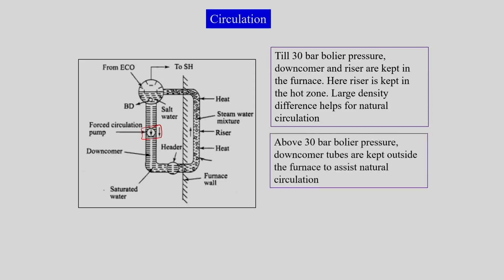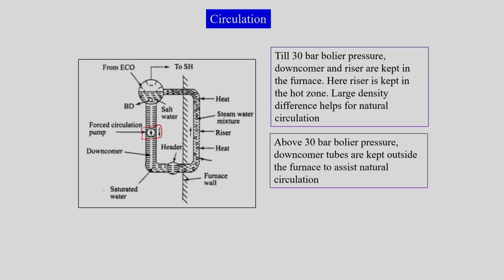We can go ahead with natural circulation. But if we go with pressures above 30 bar, then downcomer tubes will be kept outside the furnace, and the riser tubes will be inside the furnace, getting the necessary heating from the flue gases, which will raise the water in them and create sufficient density difference between the downcomer and riser tubes.